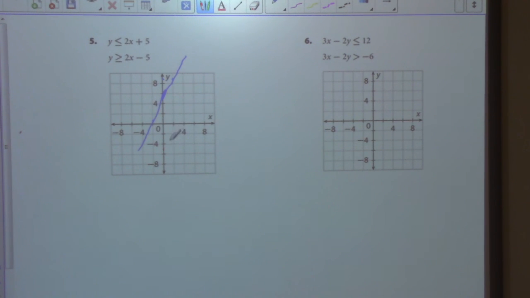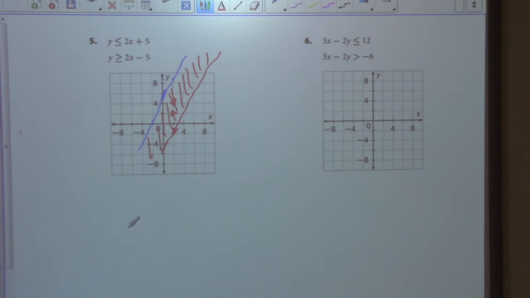So their solid lines would be like up 2 over 1. And the first one you drew, you're going to shade the stuff underneath it, and then the second one is going to be the stuff above it. So the shaded area is this one here. Yes.